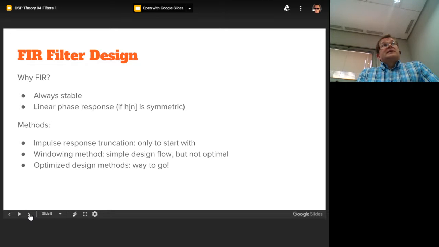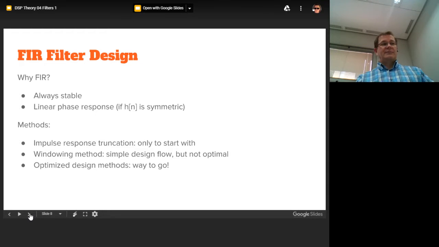But another one is the linear phase response. All the IIR systems have non-linearity in the phase response. But if you have the impulse response symmetric over the center point, either positive or negative symmetry, then it's guaranteed that the FIR filter has linear phase response.